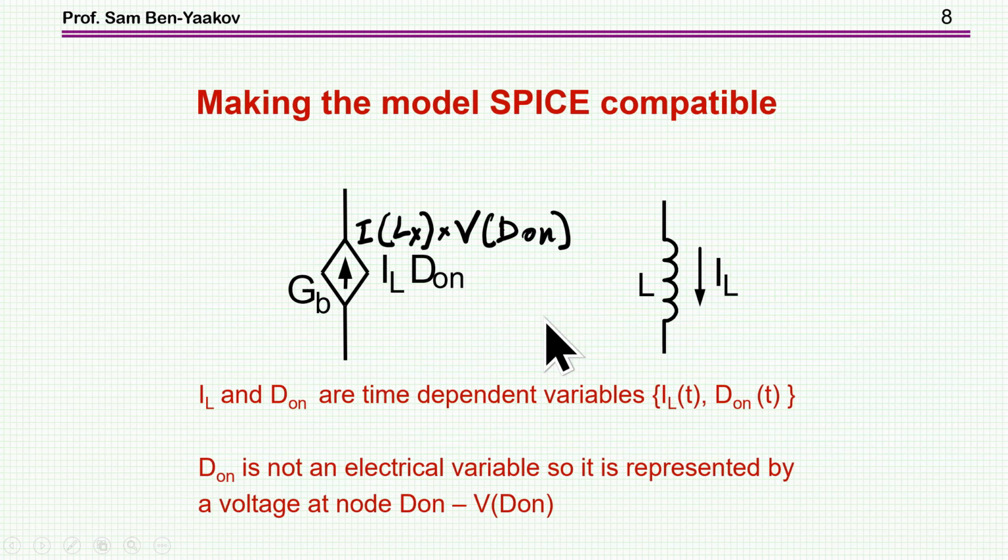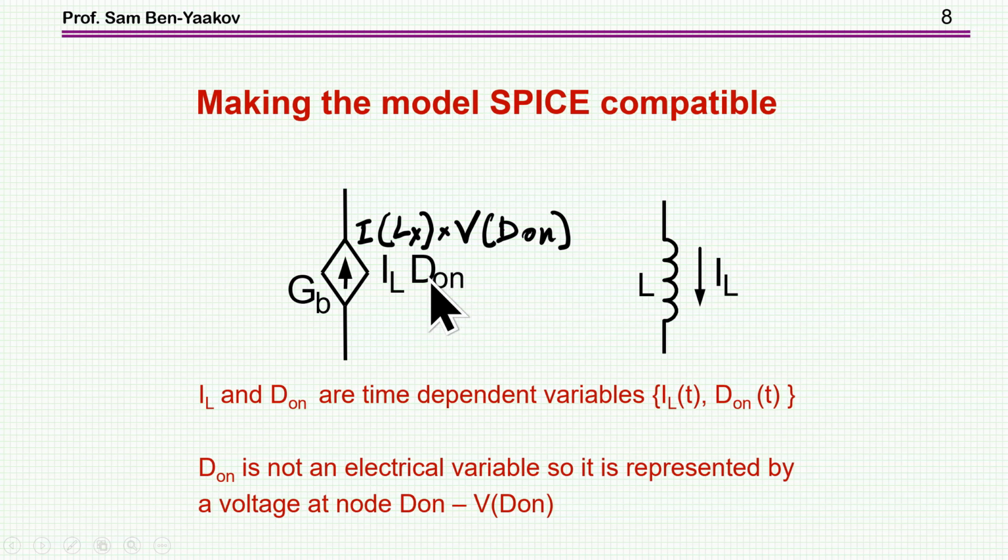In the case of simulation, in the case of SPICE, we do have to worry about translating everything to something that SPICE will understand. And in particular, we have a problem with d-on. D-on is a parameter which could be changing, could be DC, AC, time dependent. This is something that SPICE does not recognize, so we sort of decode it into a voltage.